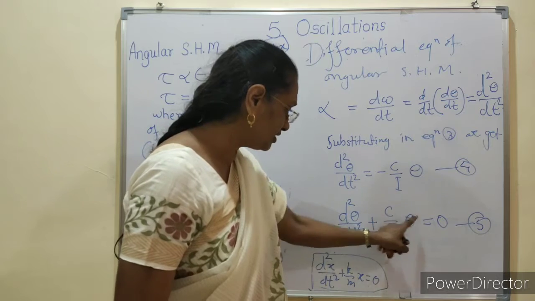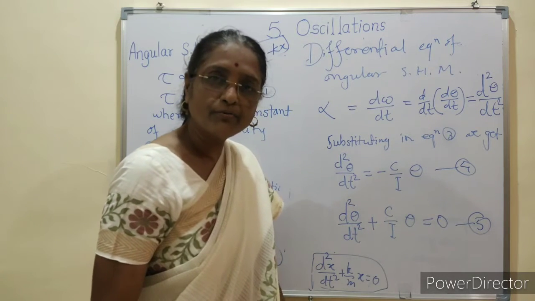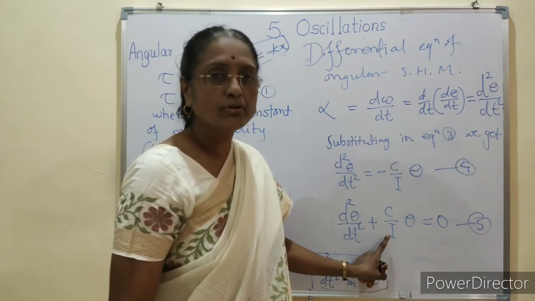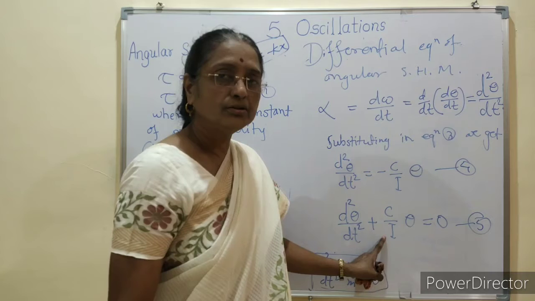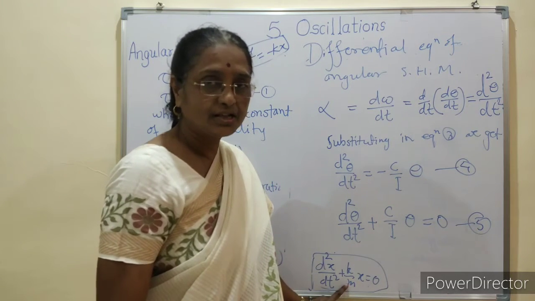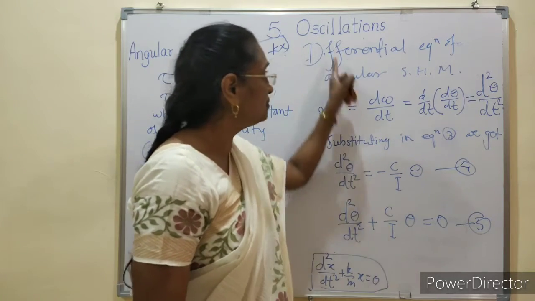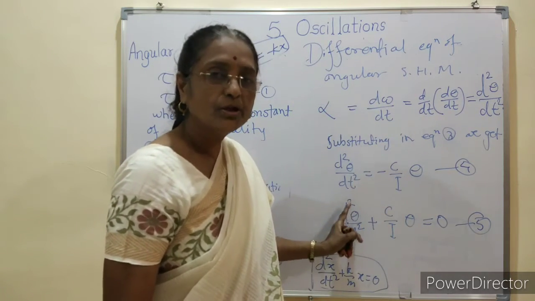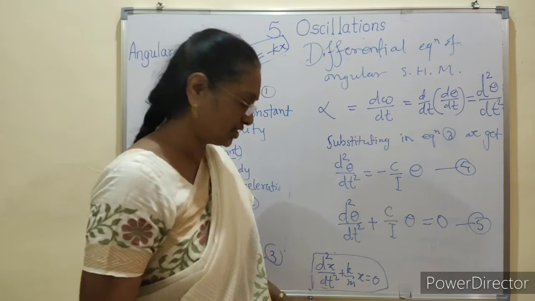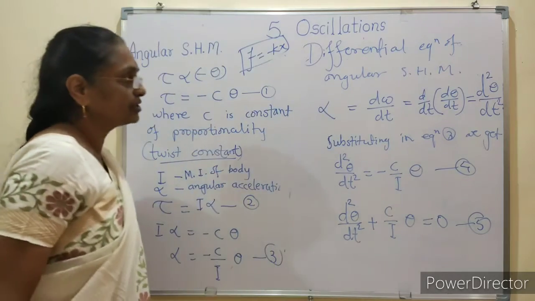X is replaced by theta, k by c, and m is replaced by moment of inertia. We know in rotational dynamics that I, the moment of inertia, is analogous to mass in translational motion. So equation 5 is analogous to the differential equation of linear S.H.M. So this is about the differential equation.